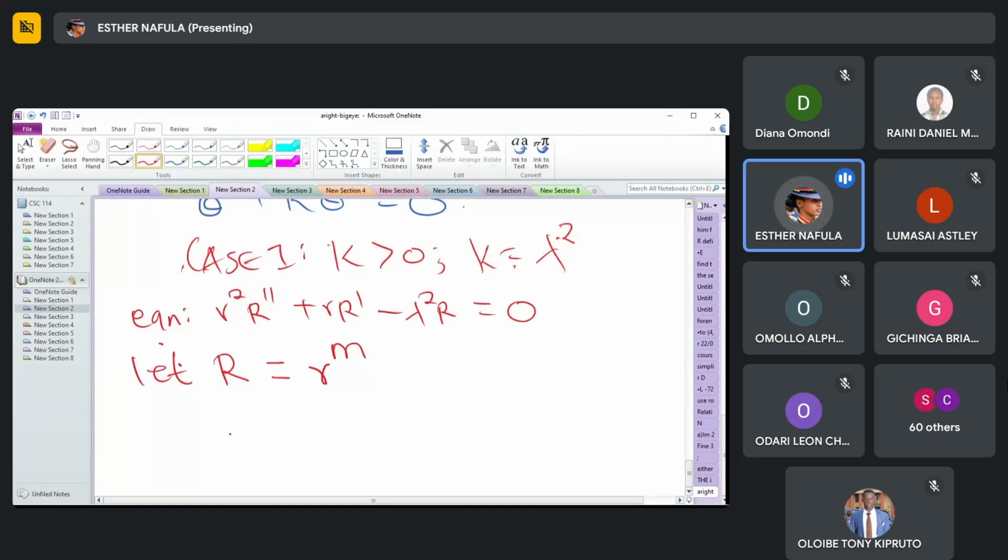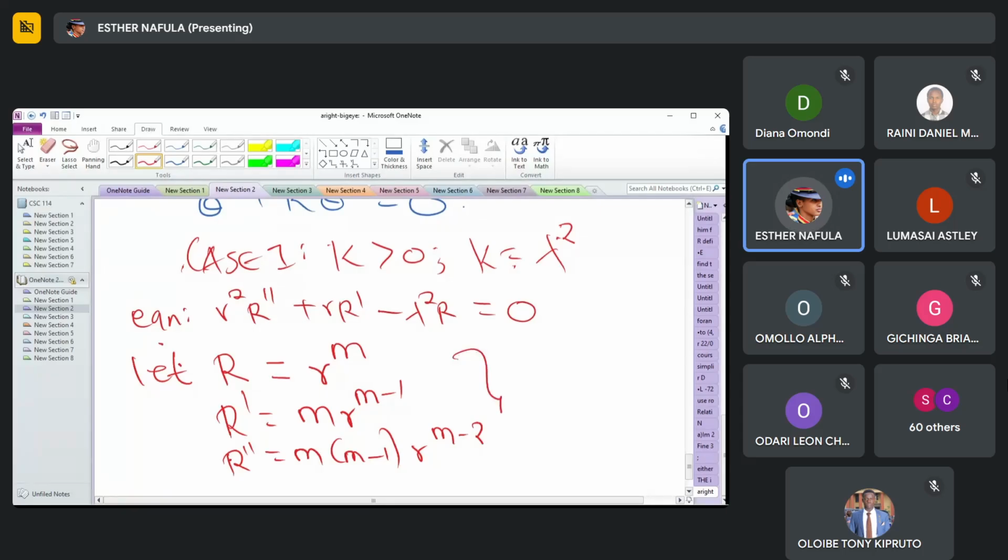So we need R prime. We differentiate this, we get m r raised to power m minus 1. Capital R double prime will be m times m minus 1 r power m minus 2.